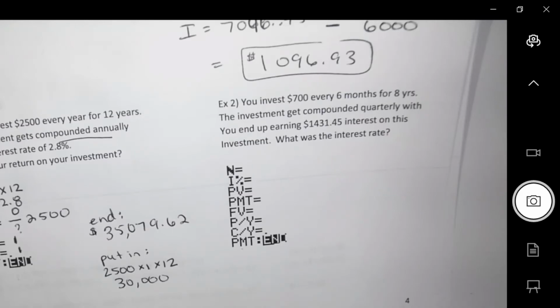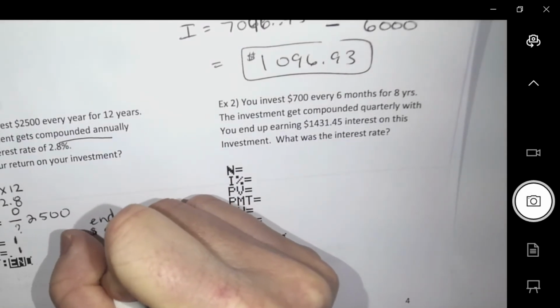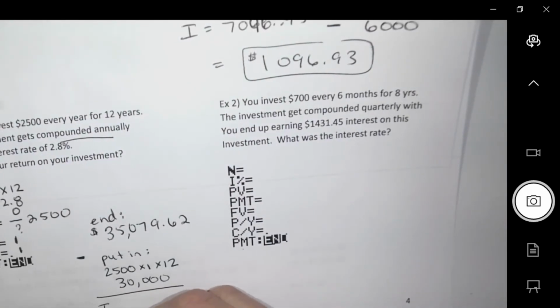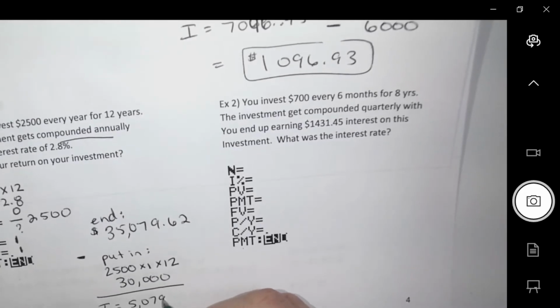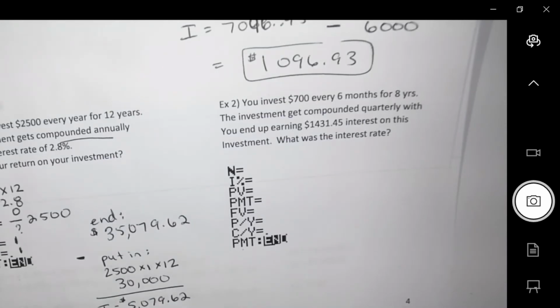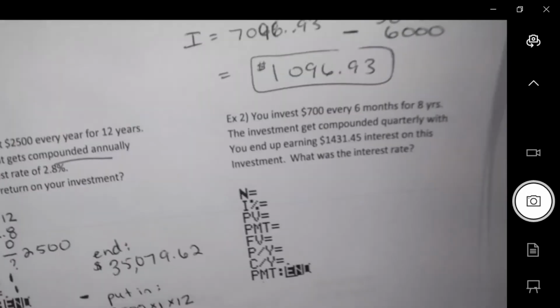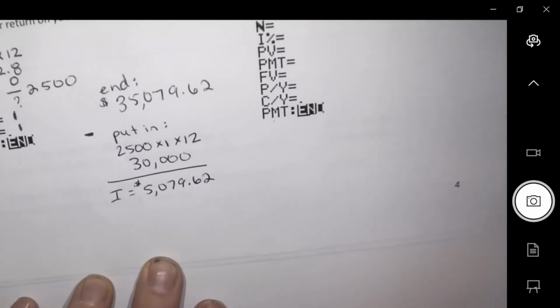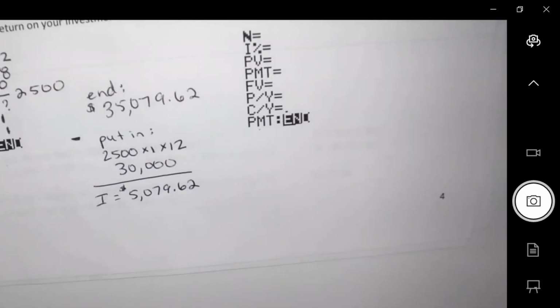So I actually put in $30,000 of my own money into this. So therefore, if I take away those two numbers, subtract, that's the interest, the bank part of it.